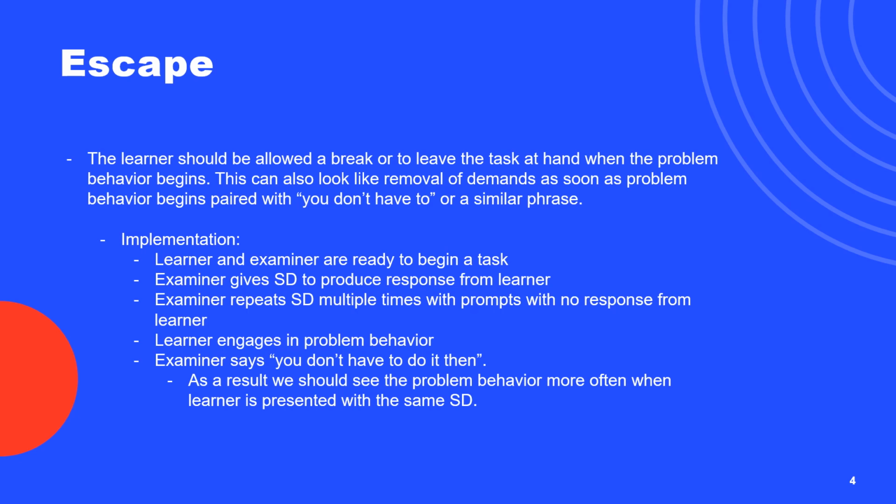So that may look like, a different example, you're doing imitation. Do this, no response. Do this, no response. Do this, no response. And then finally, learner engages in problem behavior, which could be yelling, throwing, screaming, whatever the problem behavior may be, examiner says, you don't have to do it then.